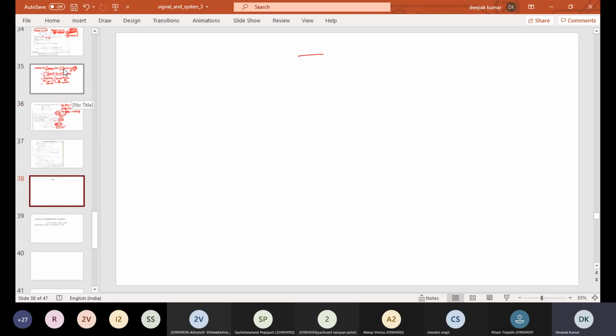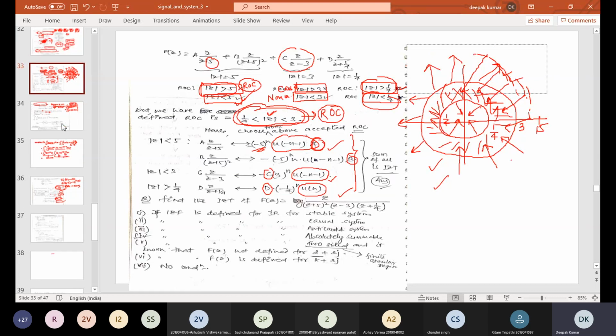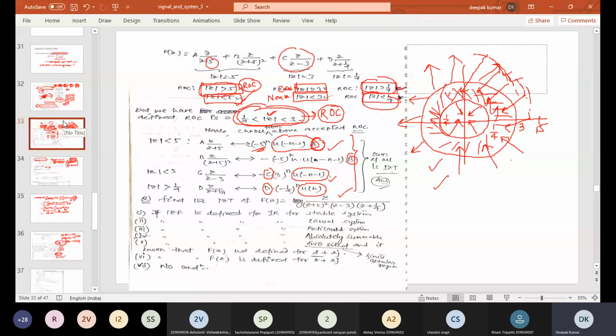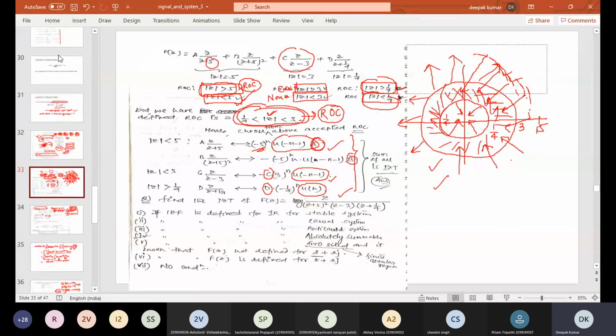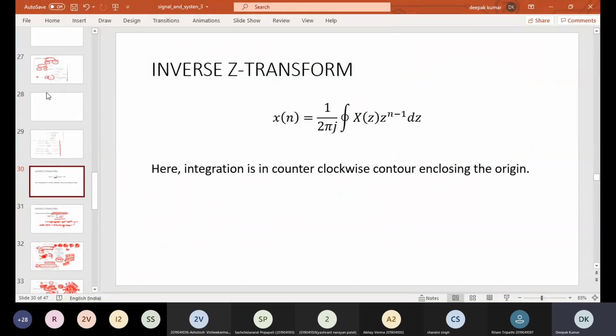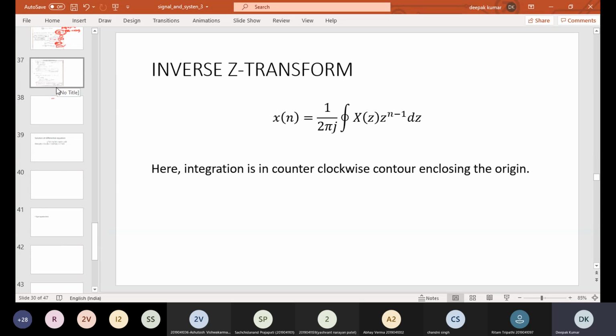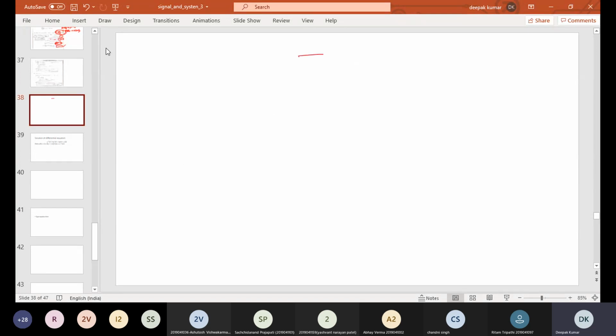So in the previous lecture, I think we have discussed all the properties of Z transform and Laplace transform, and we have not done some question or some practice problem, isn't it?